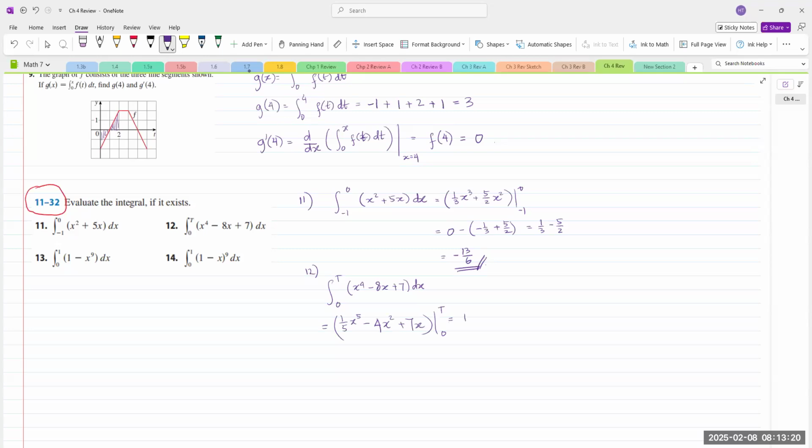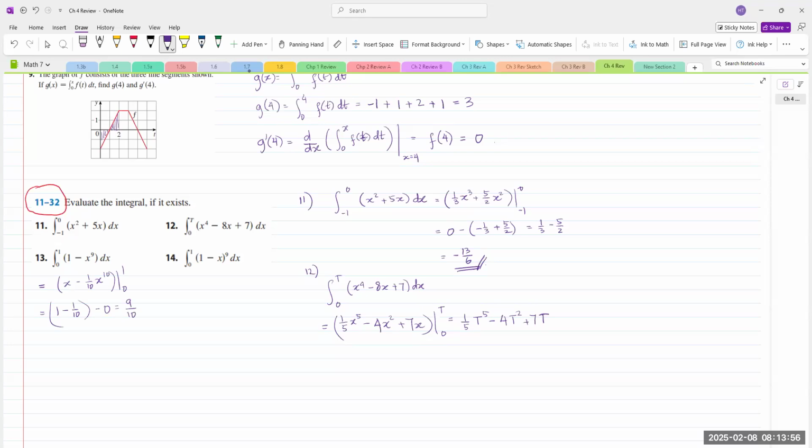When I replace by t, that will be 1/5 t to the 5th minus 4t squared plus 7t. But at 0, it will be 0, so I just leave it like this. Number 13, integral from 0 to 1. This is x minus 1 over 10 x to the 10th from 0 to 1. At 1, that is just the coefficients, right? Because it's a polynomial. At 0, it's just 0. So this will give me 9 over 10.